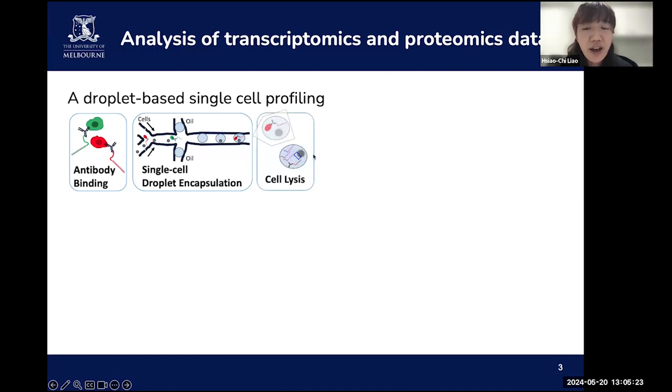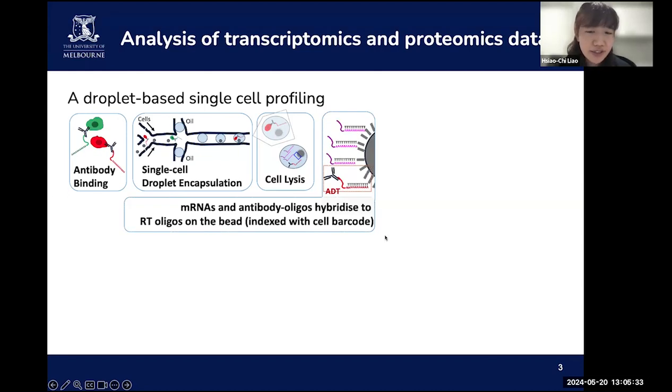Ideally, there's only one cell and one bead in a droplet, and the cell membrane gets destroyed during the cell lysis. The cellular materials such as RNA and protein molecules are captured by the reverse transcription oligos on the surface of the microbead. And this is how we can simultaneously quantify cell surface proteins and mRNA within a single cell.